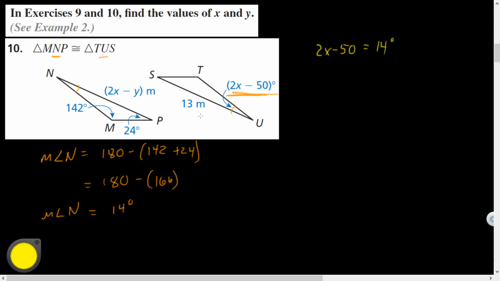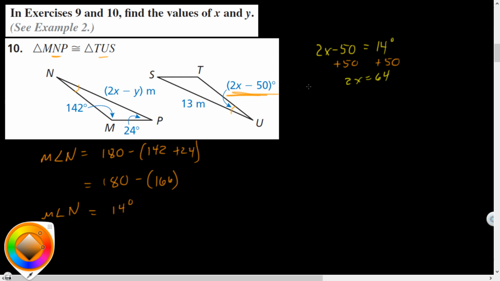Sometimes it's just a matter of seeing and practicing and rehearsing enough of these that your brain starts to recognize and create its own pattern system. So let's solve for x. I'll add the 50 to both sides. I've got the 2x is equal to 64. Divide both sides by 2.